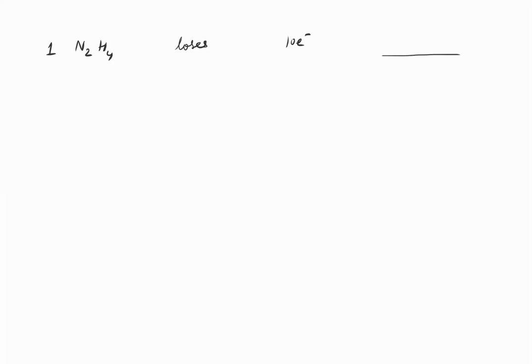What is the definition of N factor that I gave you yesterday? N factor is the number of moles of electrons lost or gained by 1 mole of reactant. Okay, that is your definition of N factor.